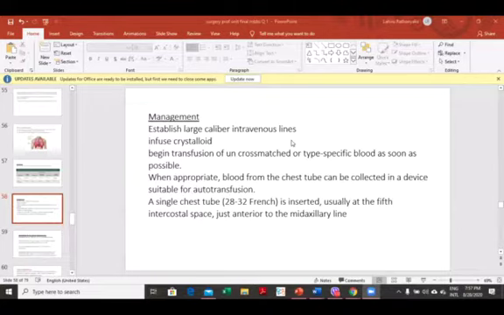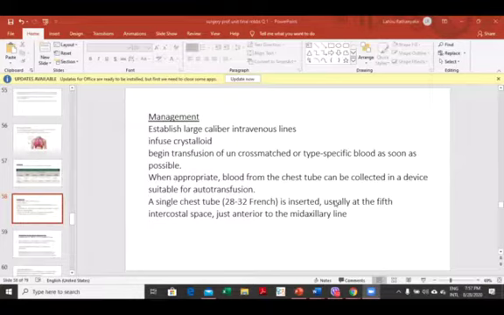So in cardiac arrest, especially in PEA, pulseless electrical activity, you have to do emergency thoracotomy even in the emergency department or ward. Even in the ward, you have to open the chest and do cardiac massage. So you should have some experience. So those are the indications.